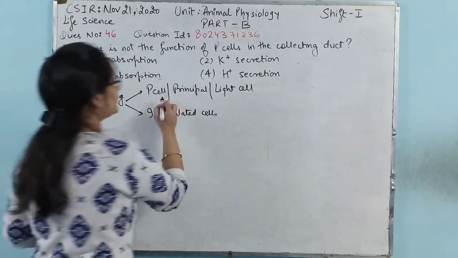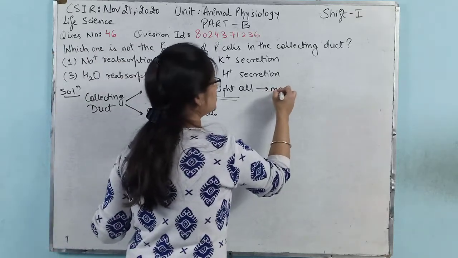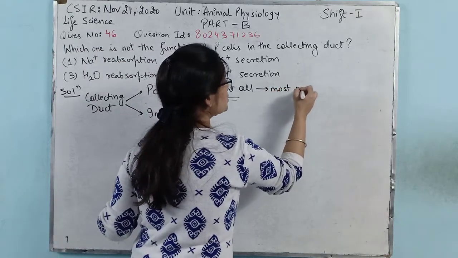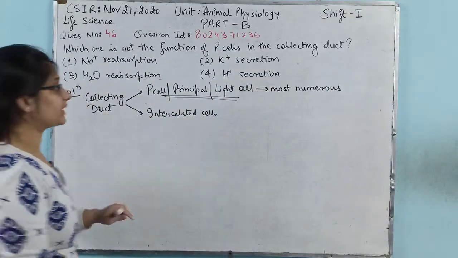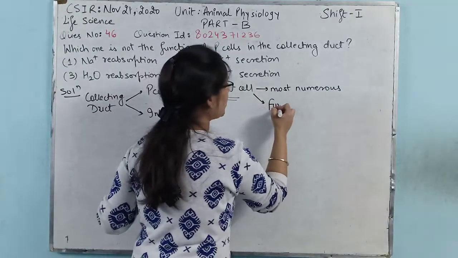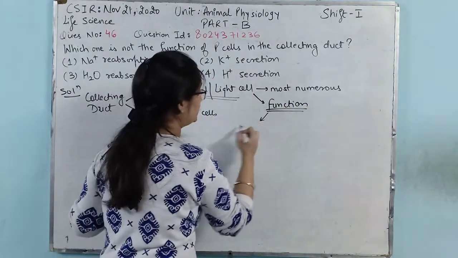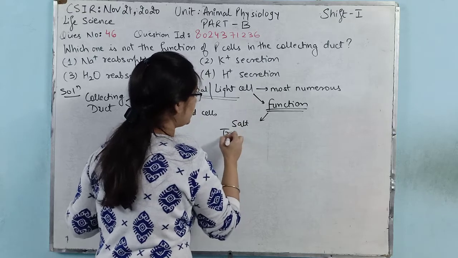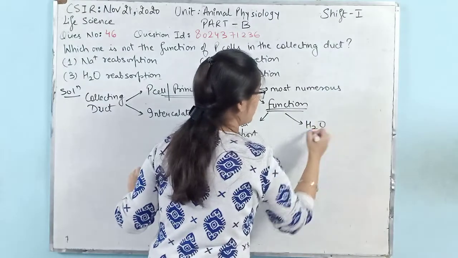Here we will discuss the function of the P cells, which are the most numerous in the collecting duct, and they are involved in salt transport and water transport.